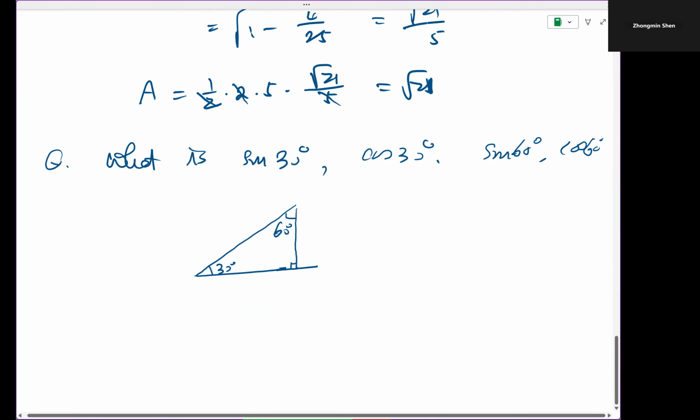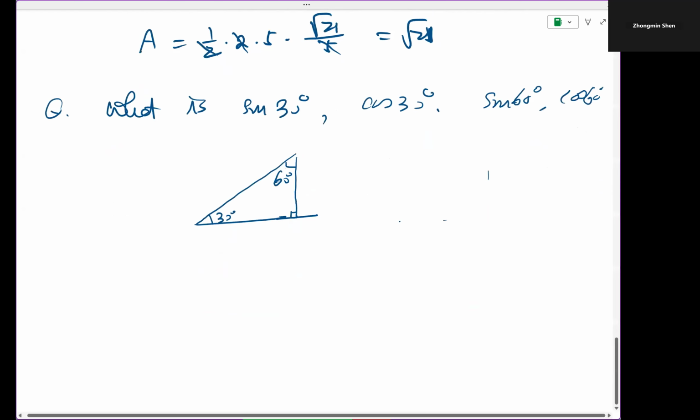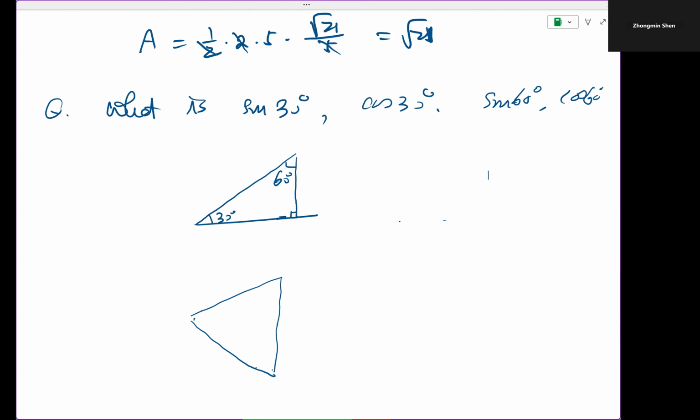Look at this triangle. I can do the following. I duplicate it. So after you introduce this, this will be 60 degrees.